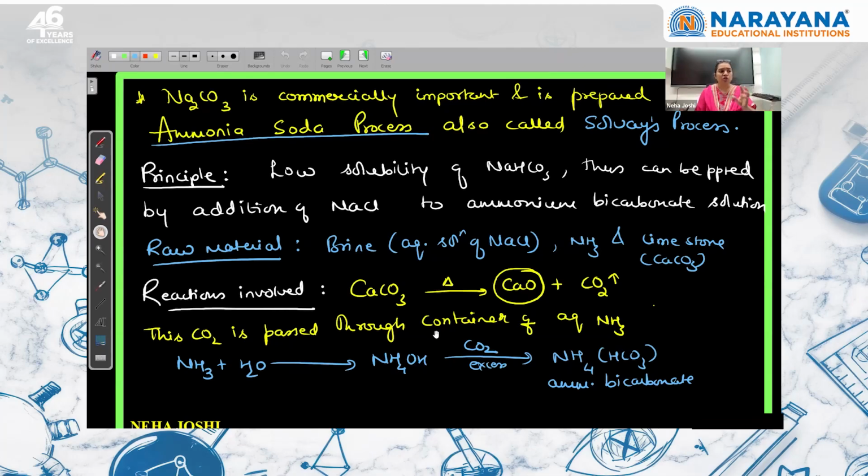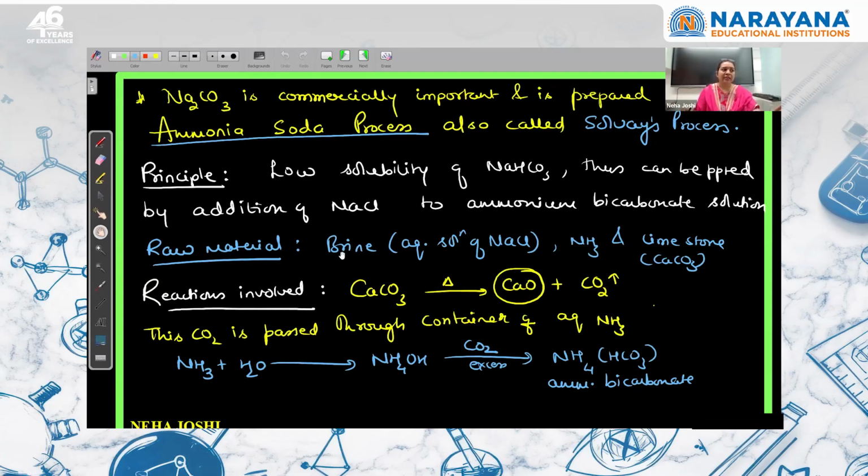This low solubility of NaHCO3 is a very important factor in the preparation of Na2CO3 in the ammonia soda process. It is an important point because there are two questions based on this concept in exemplar and NCERT, which have been manipulated in different exams. So those two questions will be based on this principle I'll discuss.